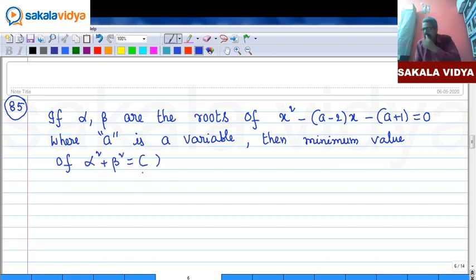So this is the question. First option 1, second option 3, third option 5, fourth option is 7. So this is the question. Okay, right.